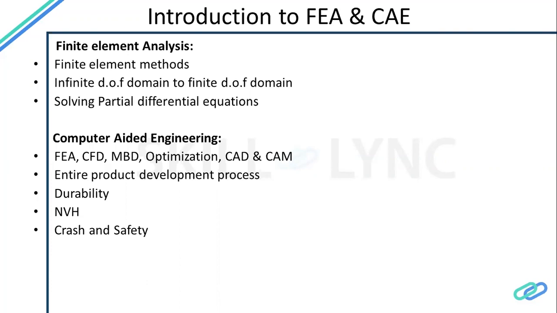So the noise coming from outside the vehicle to inside should be reduced. That is done by noise, vibration, and harshness analysis. Crash and safety is vehicle crash, and safety like seating and airbags all comes under crash and safety.